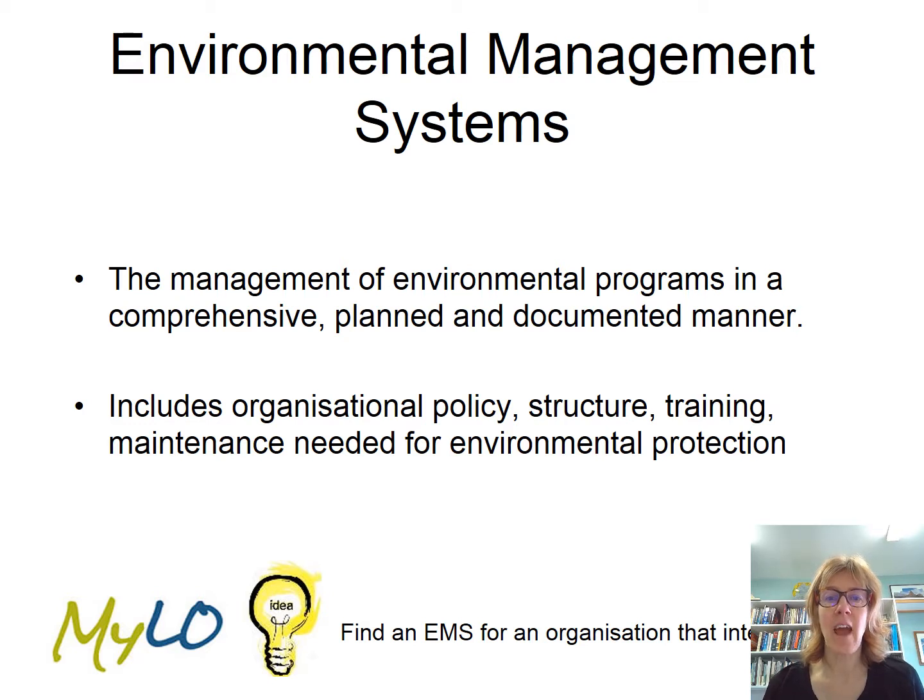And it needs to have particular elements, even if it's quite informally done. You need a policy. You need to know where you're going. You need a clear structure for the process. People who are involved need to know what's going on. That's where the training comes into it. And it needs to be maintained. It's not something that you just plop into place and then don't do anything about.